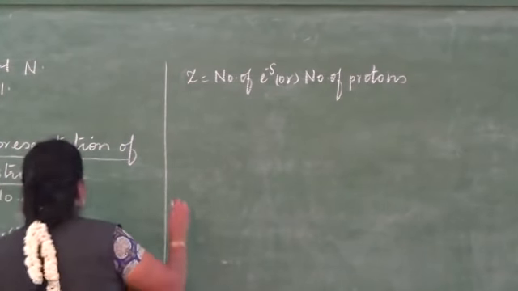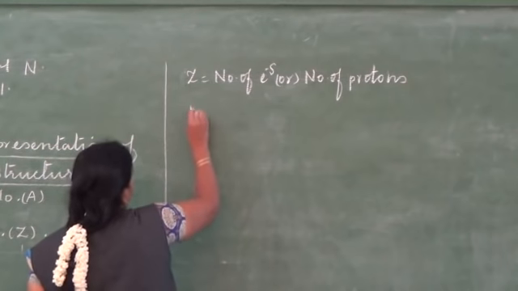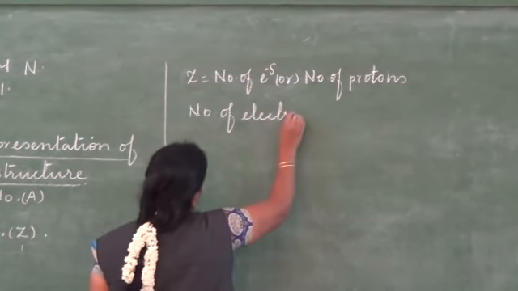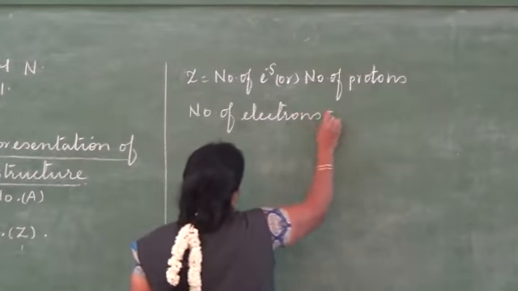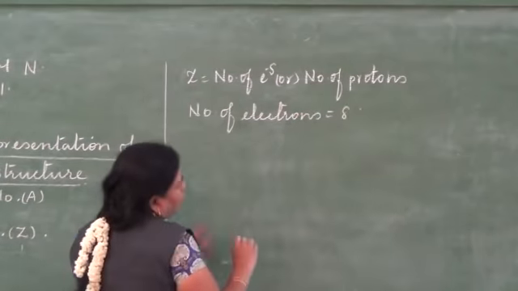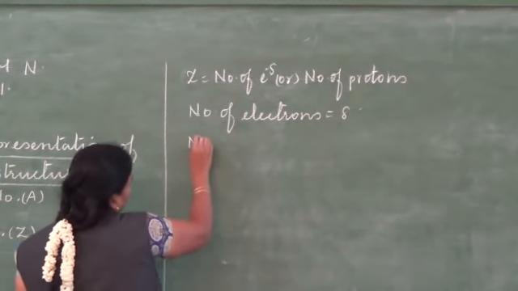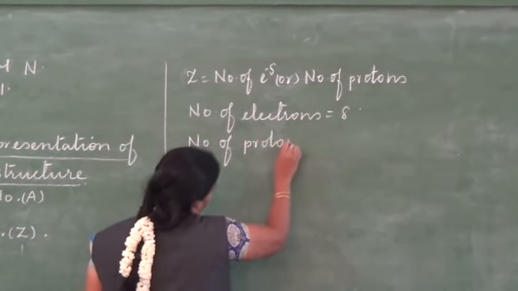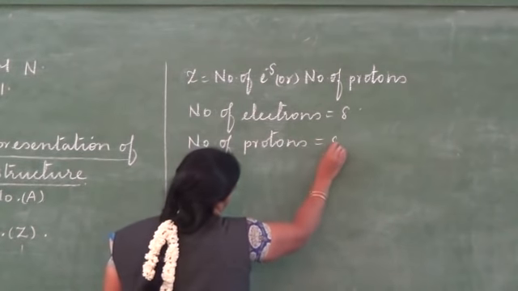So, how many electrons are there in oxygen atom? 8. If the number of electrons is 8, the number of protons is also the same. Therefore, the number of protons in oxygen atom is 8.